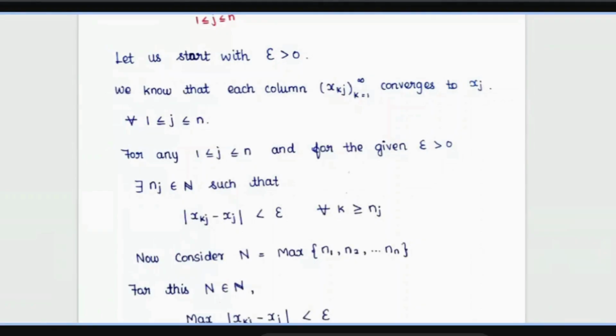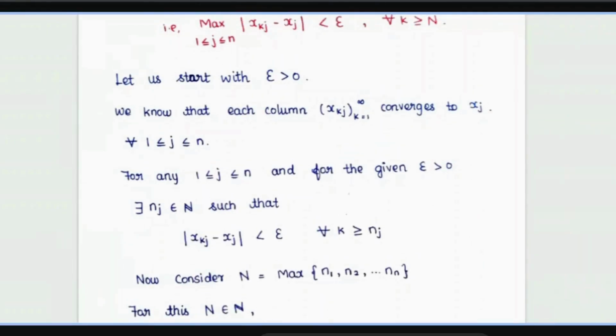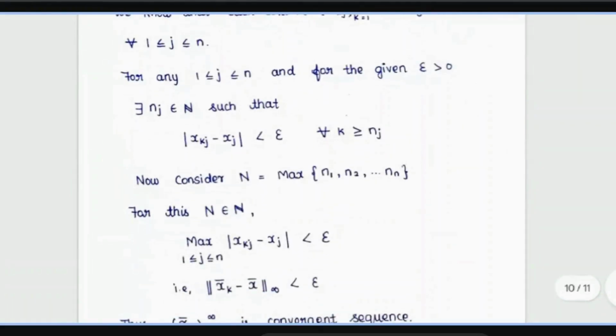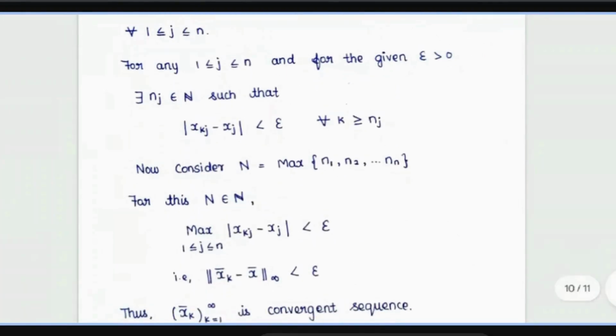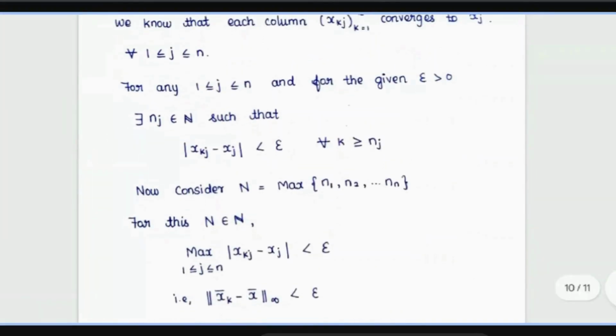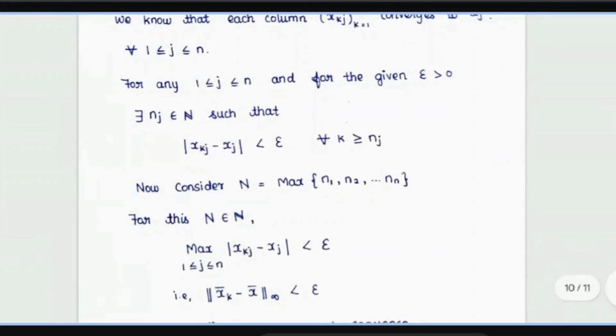So if we consider the maximum of all these stages, can we have a stage like capital N? Will this work for our original Cauchy sequence in R^n? Let's consider capital N as the maximum of all these n_j stages.